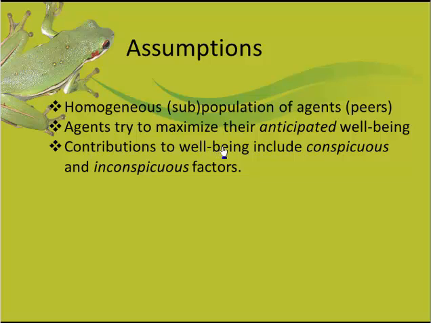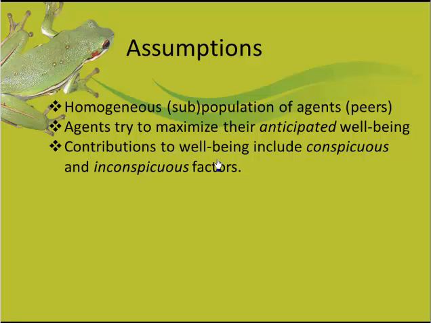Now, contributions to well-being include conspicuous and inconspicuous factors. Thorstein Veblen talked about conspicuous consumption. Conspicuous factors are factors that are obvious to other people, including salary, house, material living.